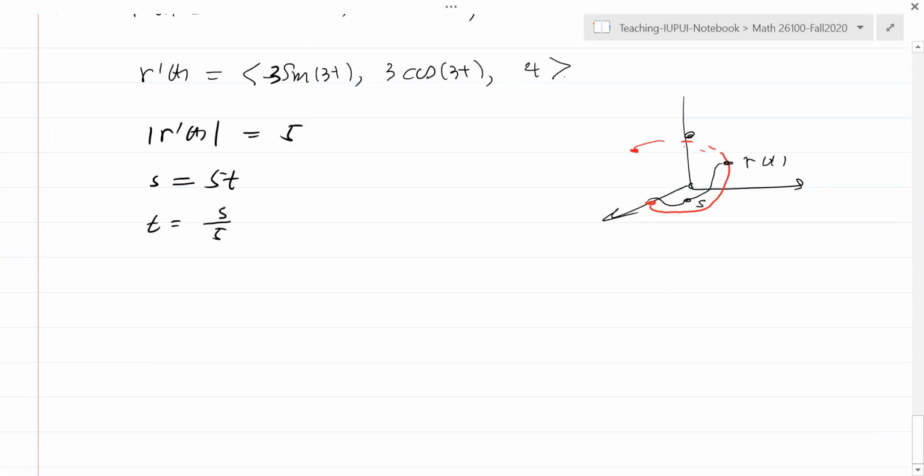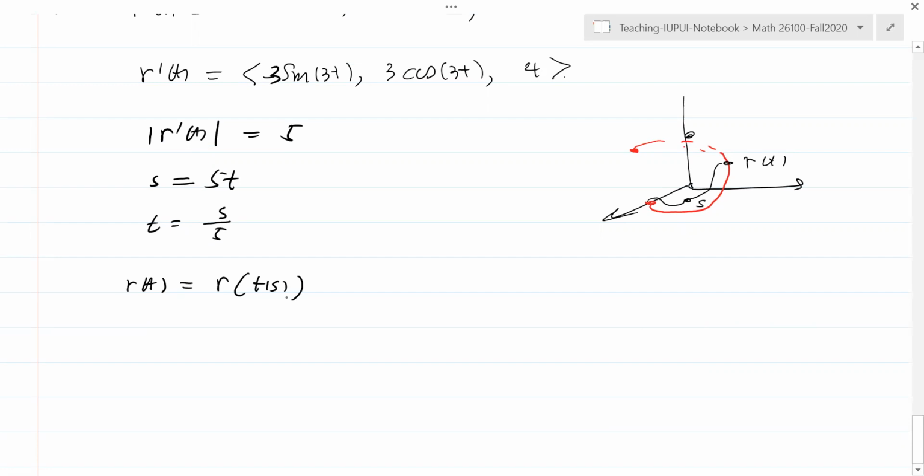Right. Now, so we got a new parameterization. So r over t, you can replace t by s, because t is a function of s.